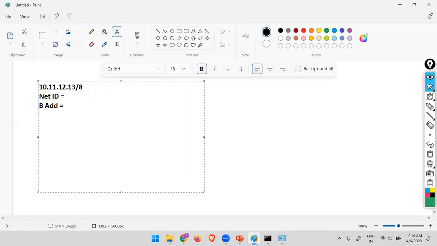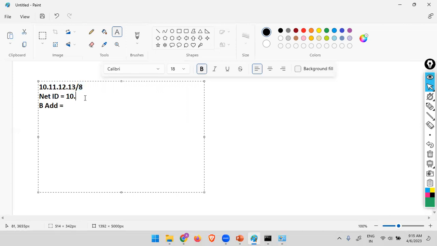Network ID is 10.0.0.0. How? Slash value is 8, so only the first octet is network. Slash 8 means 8 network bits, and the remaining are host bits.